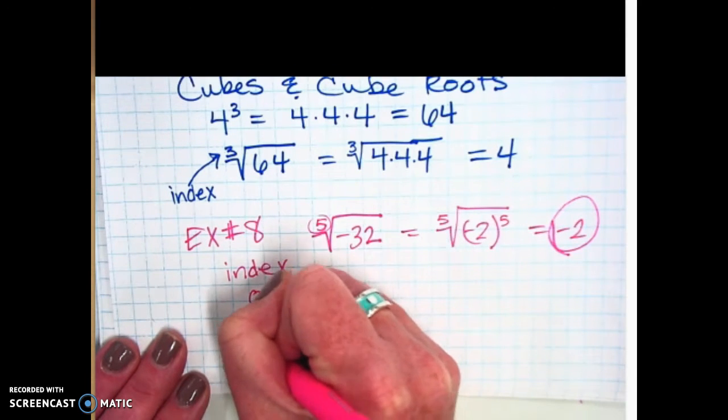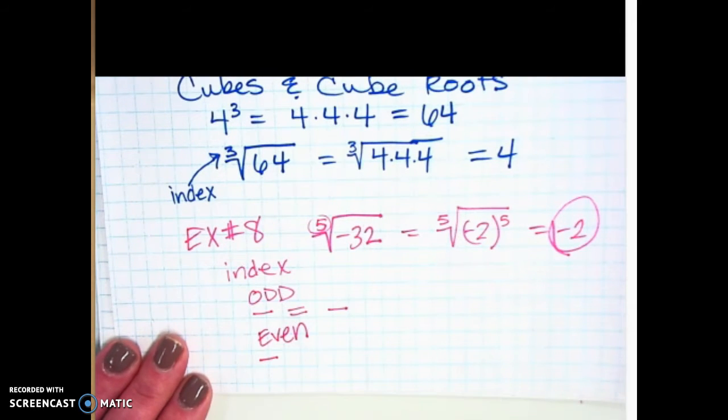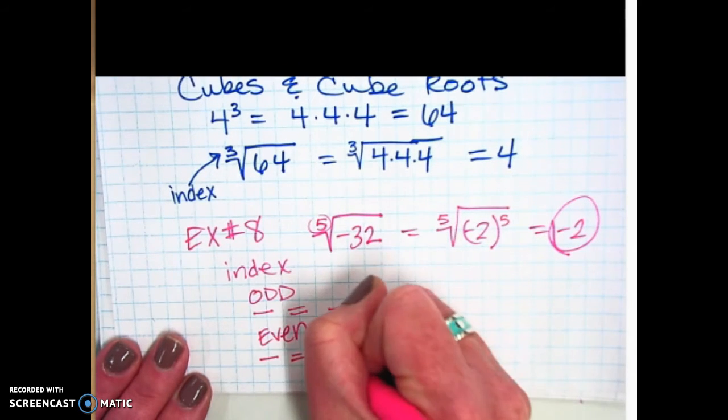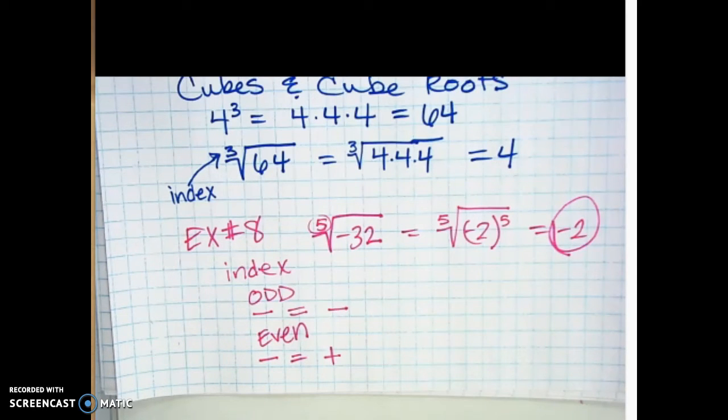When the index is even, and the number under the radical is negative, your answer will be positive. You probably just have to see a couple to go, oh, okay. Because it'll take you a couple to look at and go, oh, that's what they're doing. All right?